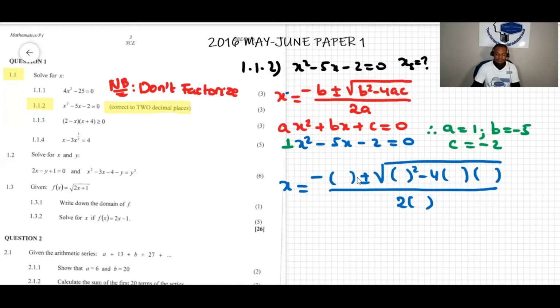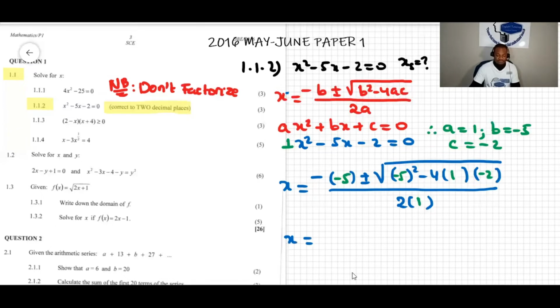So over here it's minus b, as in the formula there. b is -5, so over here I'm going to substitute -5. And then -5 there, b squared, minus 4 times a, which is 1, times c, which is -2, over 2a, where a is 1. Now we can substitute.